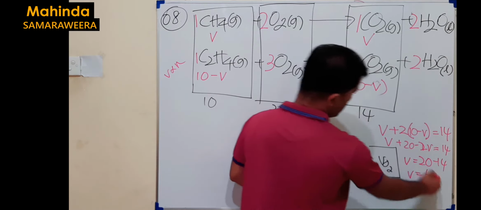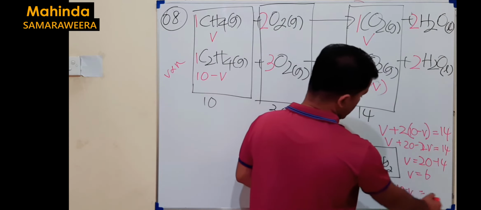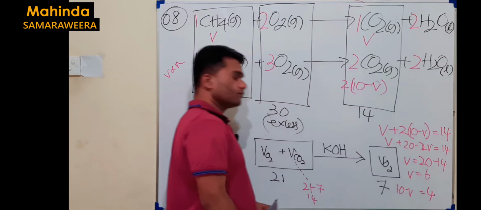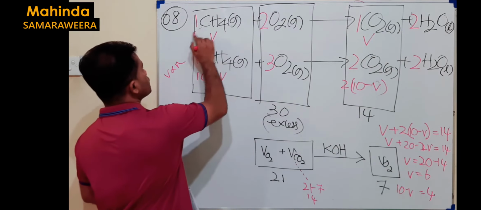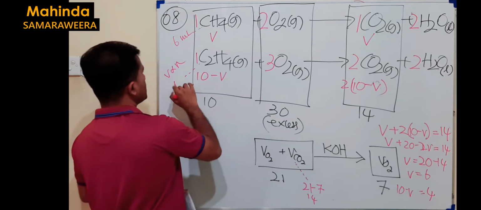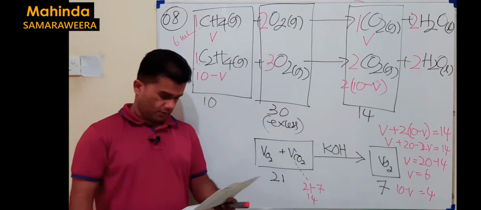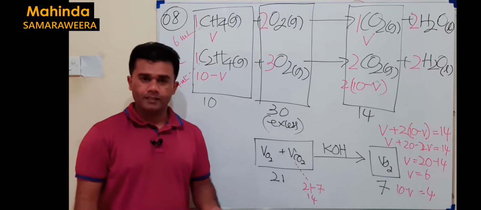So V equals 6. If V equals 6, 10 minus V will be 4. So the volume of CH4 is 6 milliliter and the volume of ethylene is 4 milliliter. Do we have that answer in the given options? Yes, the fifth one is correct.